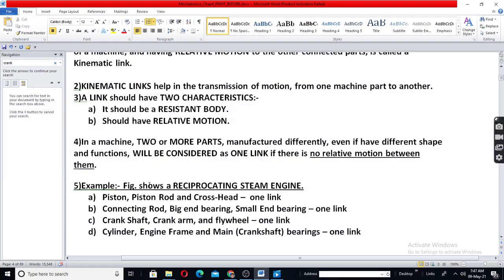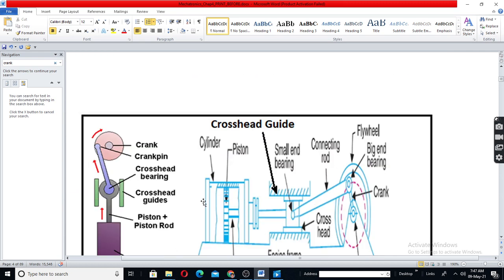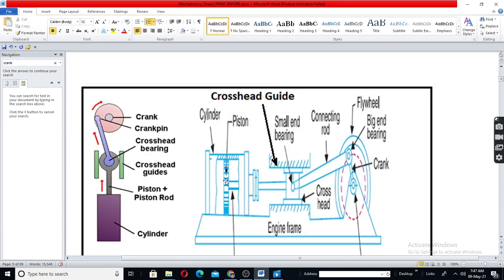Now see, in a reciprocating machine, a steam engine, the piston rod and cross head are one link. This is the piston rod, and this is the cross head which slides in the guide. This is the cross head guide, and this is the head which is touching the cross head guide.